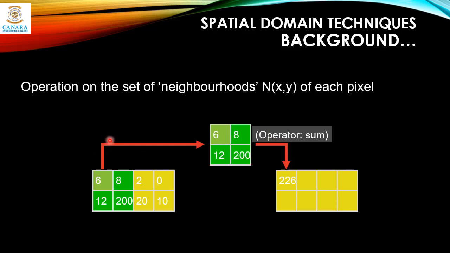In the next instance we'll move the window to the right, and we'll add 8 plus 2 plus 200 plus 20, and we'll write the sum here, and so on. So pixel by pixel we need to move the window so that we cover all the pixels. This is how a typical mask operator works. We will see a lot more examples later in the chapter.